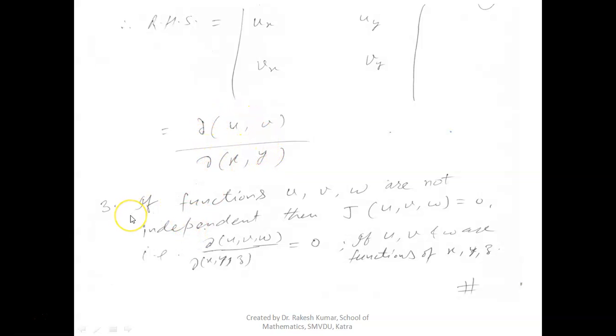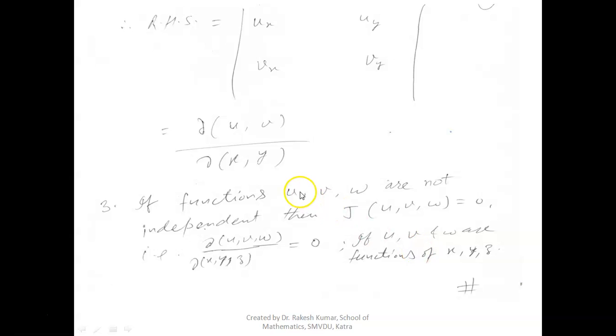Okay. So now coming to property number 3. If functions u, v and w are not independent, then their Jacobian will be equal to 0. That is, the Jacobian of u, v and w with respect to x, y, z is equal to 0 if u, v and w are functions of x, y, z.